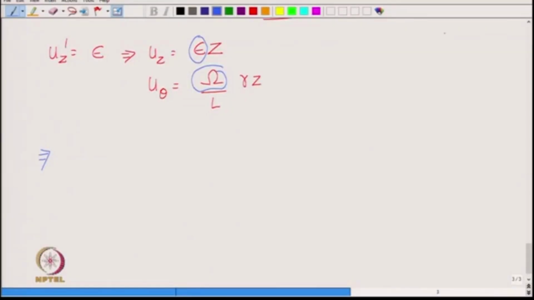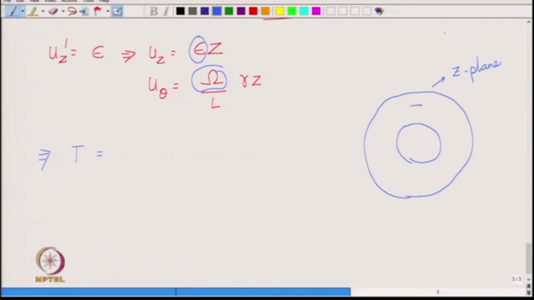So, for example, what would be the torque T? Suppose we have this cross section, so this is the cross section, it is the z plane, and on this plane we have sigma z z acting as well as tau theta z. So, at any point tau theta z would be in the theta direction.